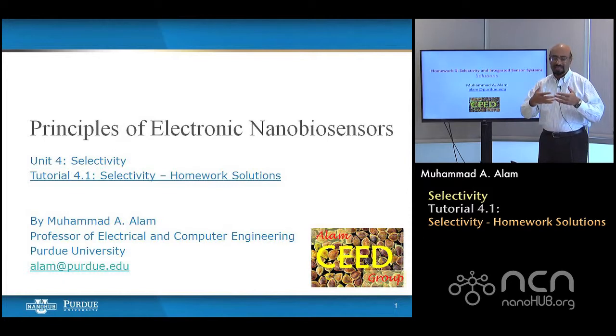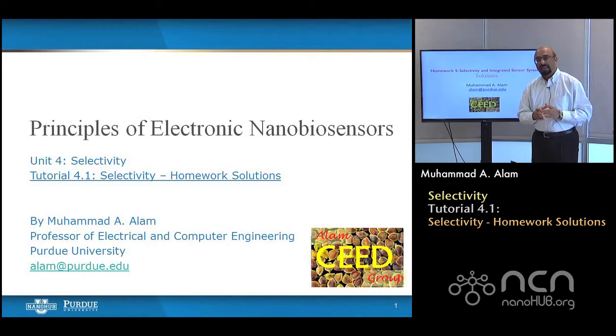Incorrect binding, for example, and then there was this random sequential absorption where the parasitic molecules were landing in random spaces and not really binding to the target receptor molecules, but sort of parasitically getting attached to the sensor surface. And that created parasitic signals, false positives that we didn't want. And of course, there was this noise issue that we discussed.